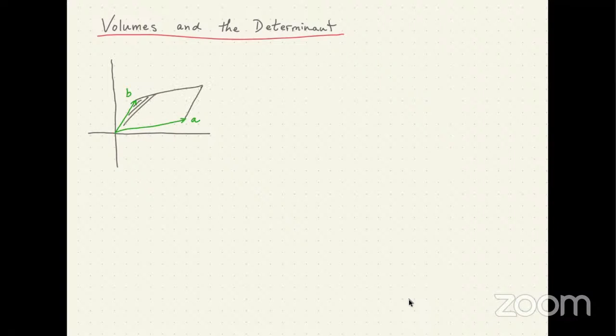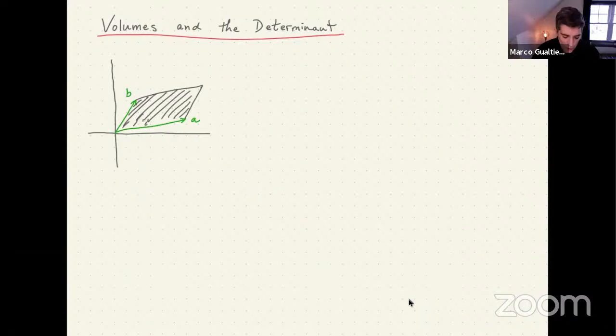So this is V, A and B in V, and the dimension of V over R is equal to 2.